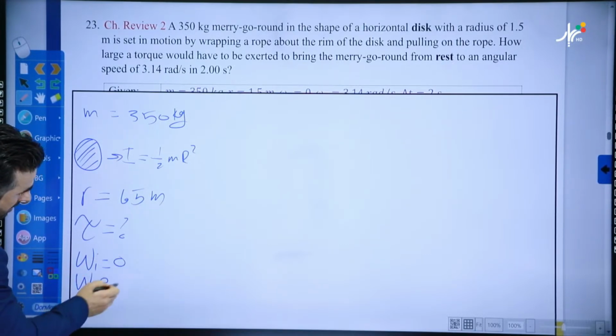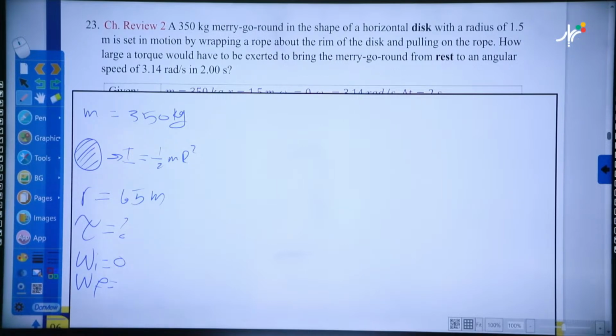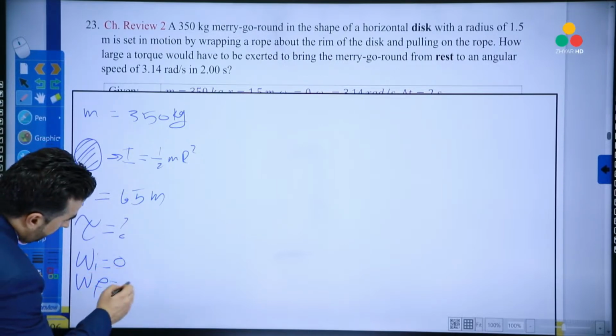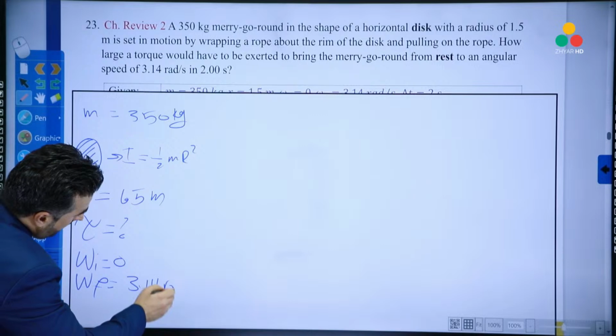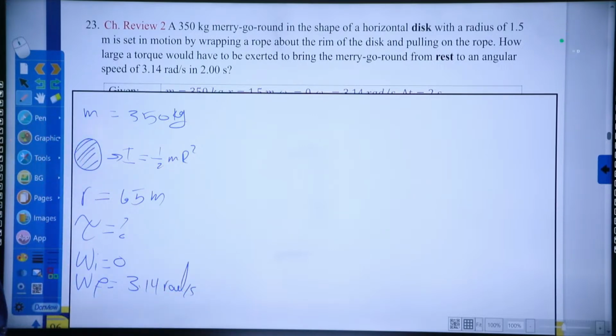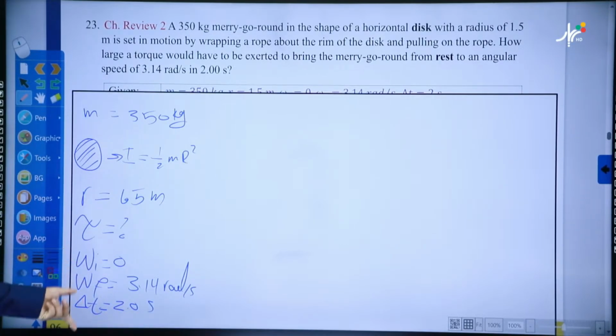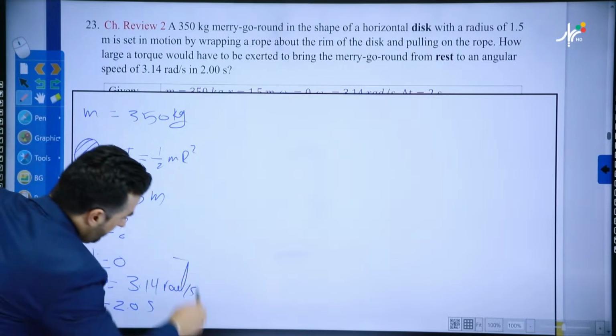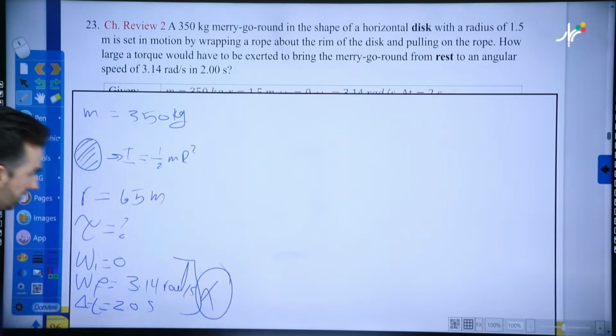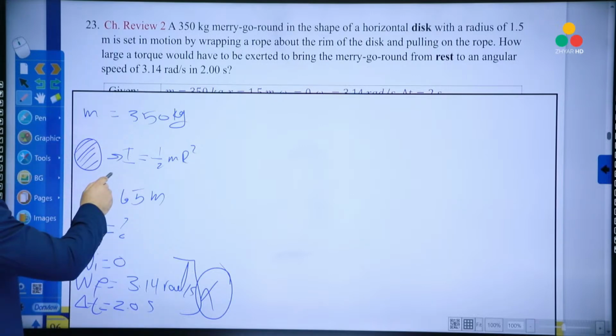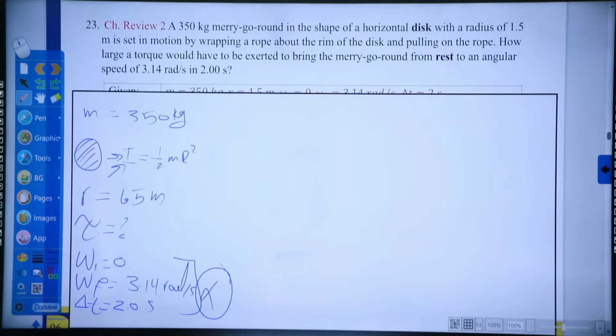Omega final is 3.14 radian per second, and the delta t is just 2.0 seconds. Take a look, we have initial, final, delta t. We can use all this to find the angular acceleration. Then using the mass and radius, we can find the moment of inertia, and then we can find the net torque.